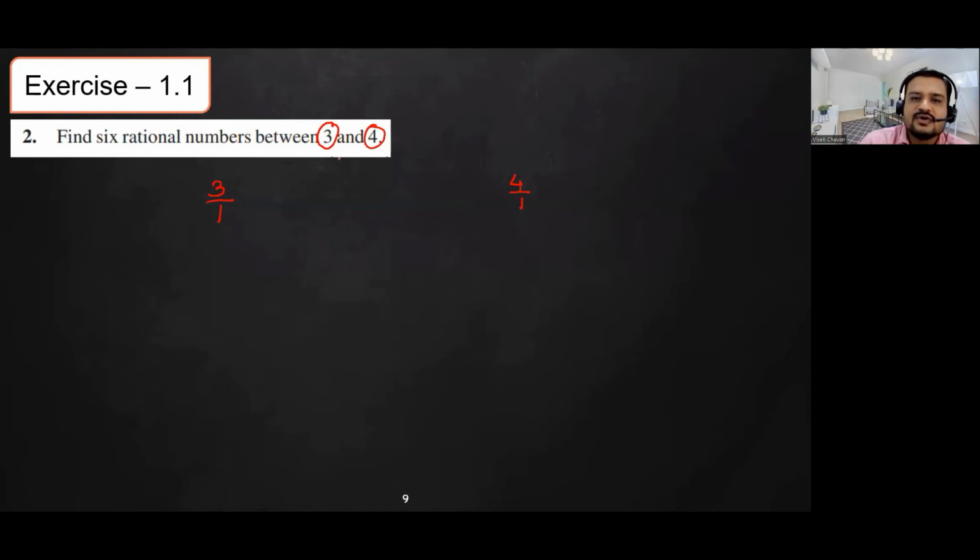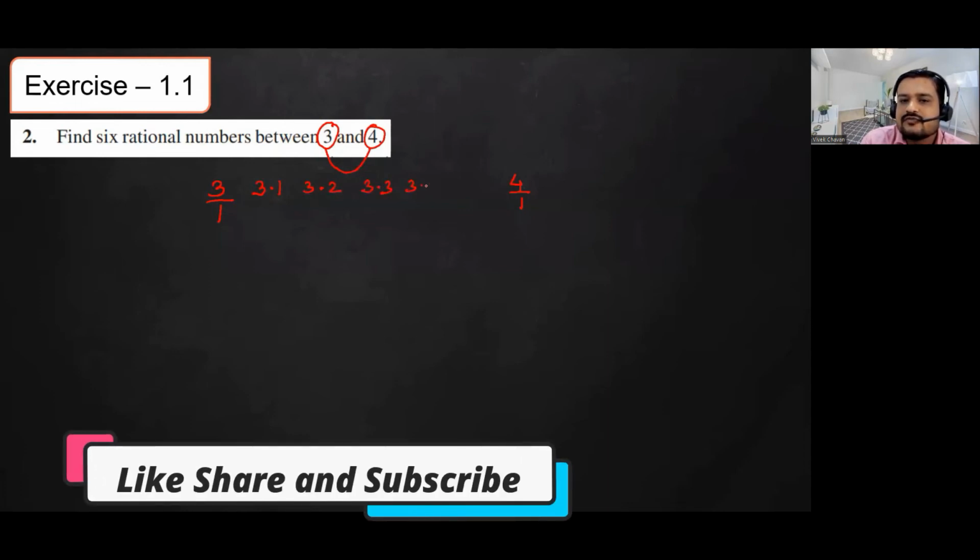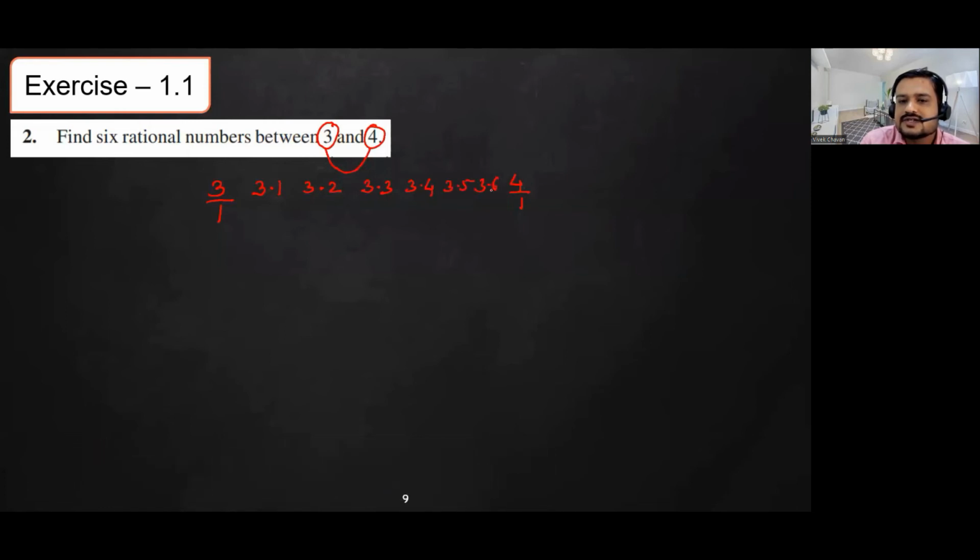So what are the values between 3 and 4? 3.1, 3.2, 3.3, 3.4, 3.5, 3.6. These are the values between 3 and 4. Yes or no?